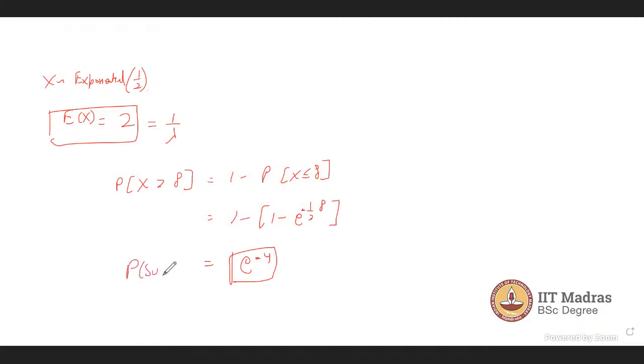So this is my probability of success. My probability of failure will be 1 minus e raised to the power minus 4, that it is served in less than 8 minutes, right?